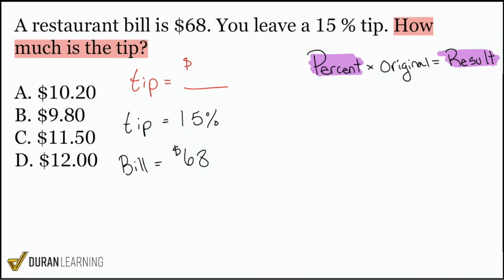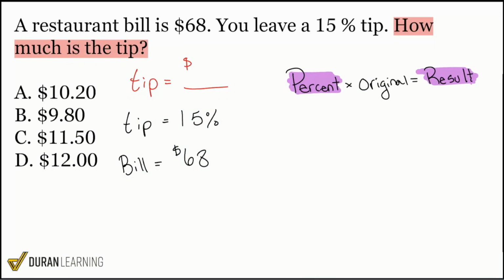So if I am to find the amount of the tip, what this means, and I hope this opens some eyes, is that the percent that we plug in right over here has to represent the percent of the tip.